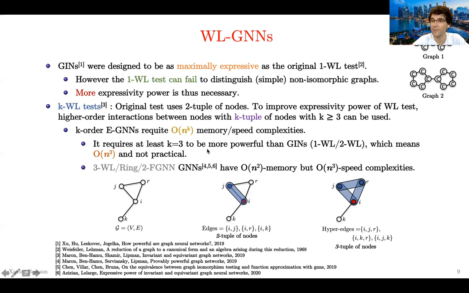And the thing is, we need at least k equal to 3 to be theoretically more powerful than message passing GNNs, which makes these GNNs less practical. So there has been this recent development with 3WLGNN, ring-GNN, and 2-FGNN, where you get the best possible memory and speed complexity for this class of GNNs.